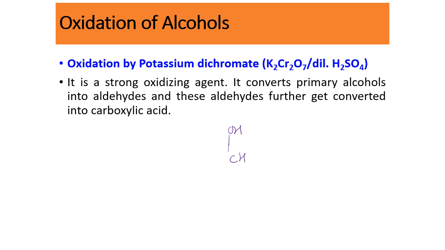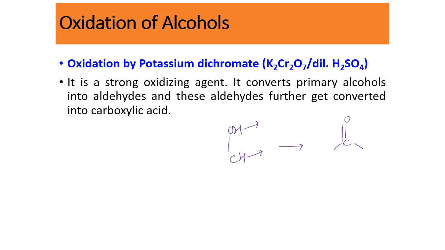When we are using these oxidizing agents, primarily what is happening is the loss of hydrogen, and loss of hydrogen is also called oxidation. So accordingly we call this reaction oxidation. And after the loss of hydrogens, that carbon which is connected to hydroxy will then be converted into C double bond O. This is what is going to happen during the oxidation reaction. The same thing is happening in both cases, either primary alcohol or secondary alcohol.